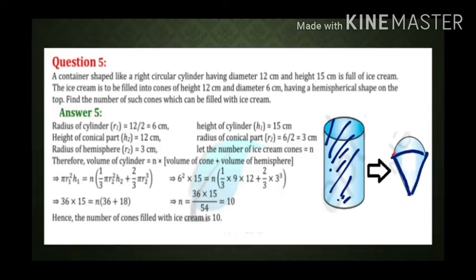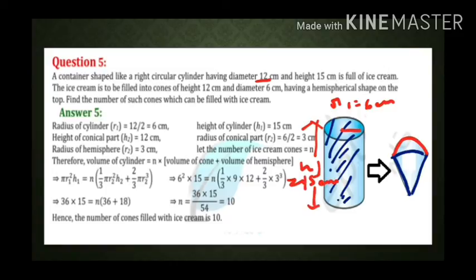Now there is an additional hemispherical portion. Okay, first of all, here for the cylinder, the diameter is 12 cm, so the radius will be 6 cm, and the height, that is h1, is given as 15 cm.